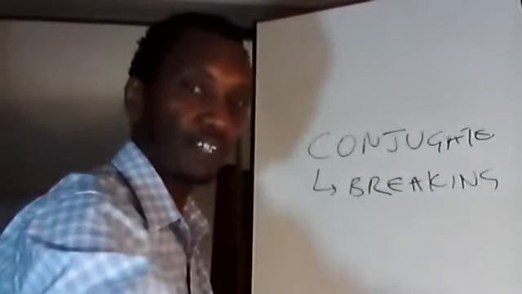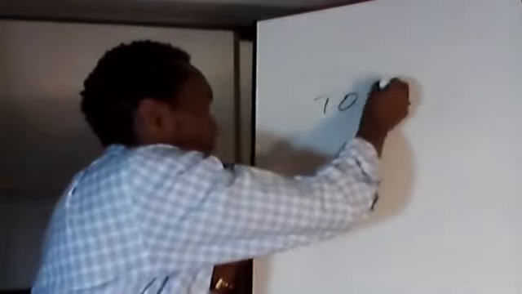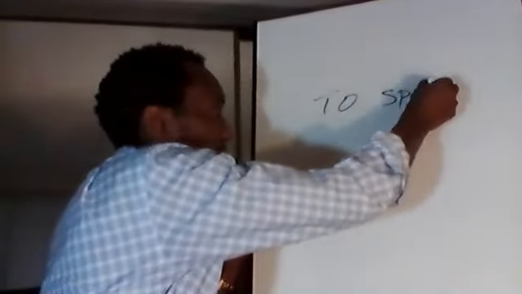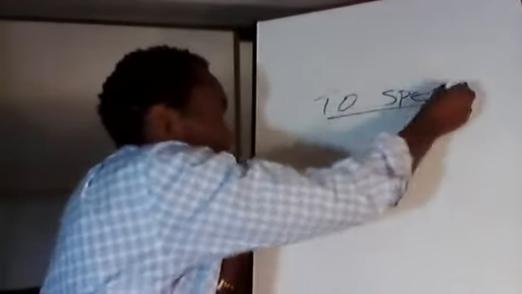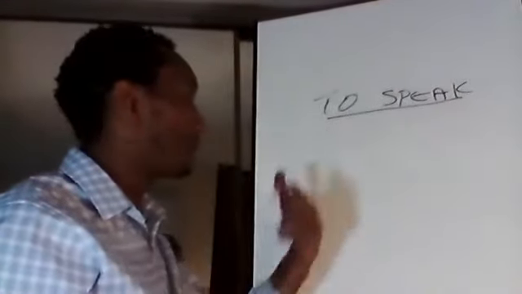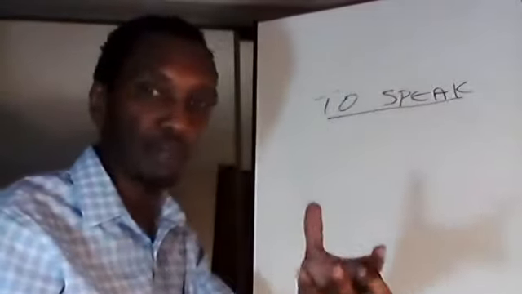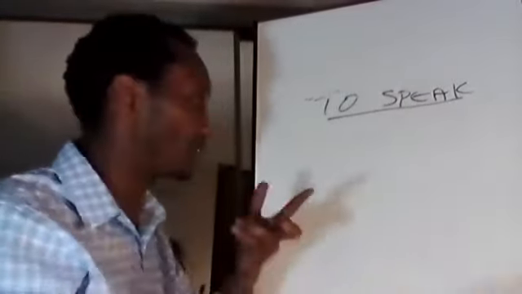So let me finish my illustration in English. I was talking about the verb to speak, and the way it is here, it's in the infinitive. Because over here, let's say it's neutral, it doesn't mean anything. Now it makes sense when you start breaking it down to the first person, second person, third person, etc.